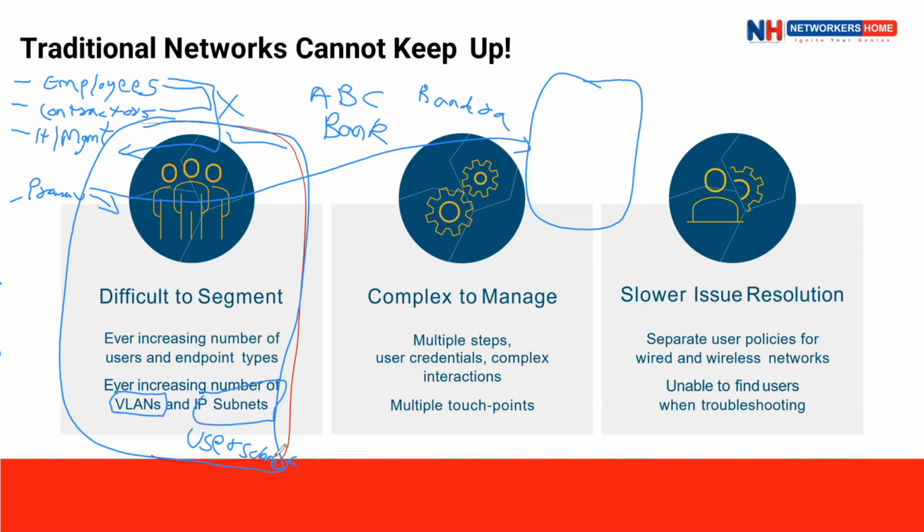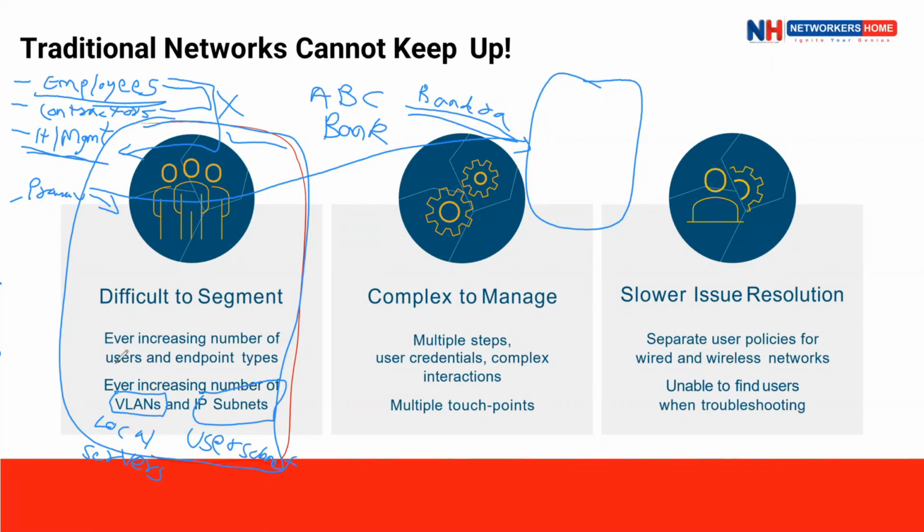Then they check if I have any special privileges, if I belong to higher management; I am just an employee. It is very difficult to segment this, right? And on top of that, they have different VLANs for managing the local servers because those run the banking software or some local applications which are specific to this branch.